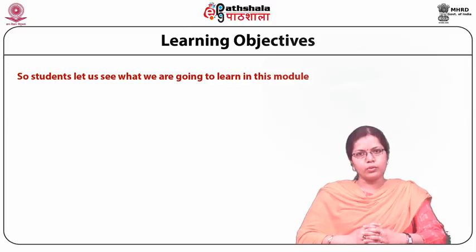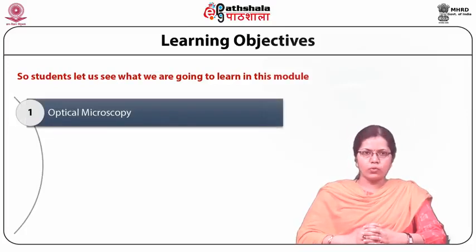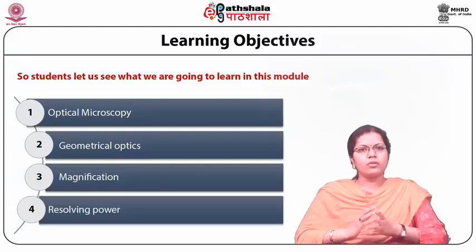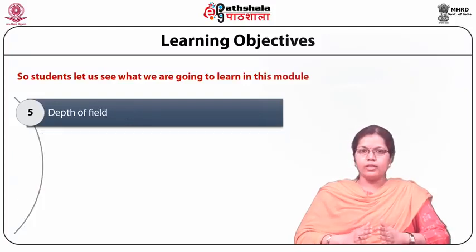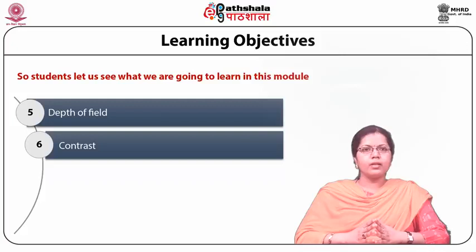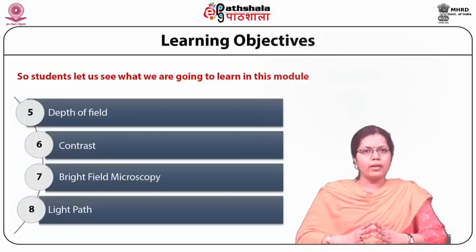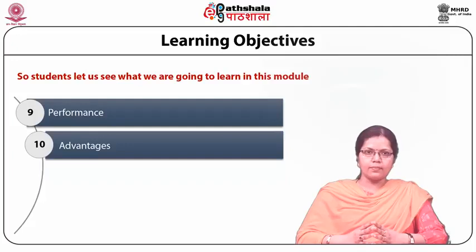After studying this module, you should be able to understand optical microscopy, in which we will study the geometrical optics, magnification and resolving power, the depth of field, and contrast. Secondly, we will study bright field microscopy, in which we will cover the light path, performance and advantages.